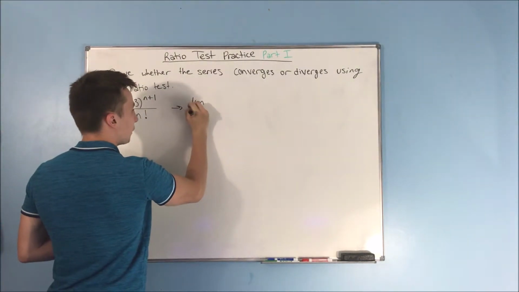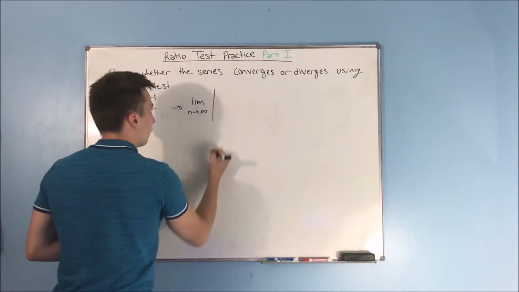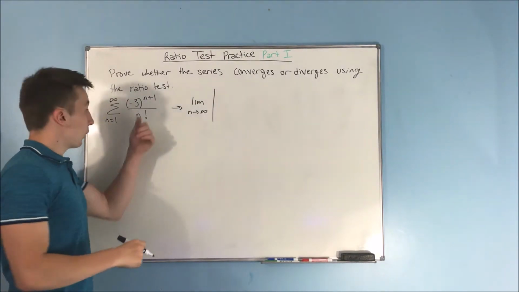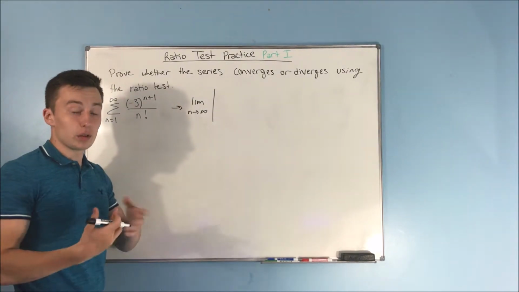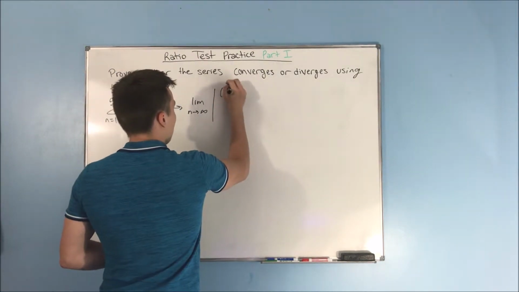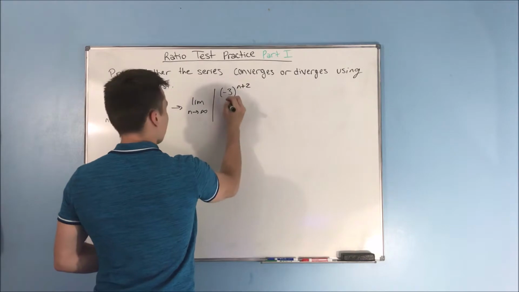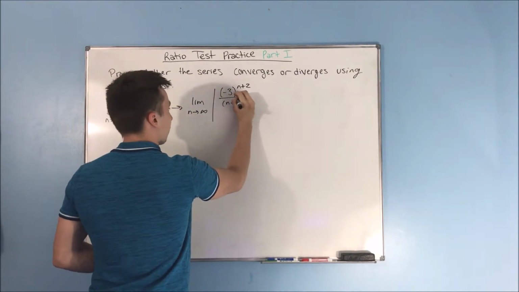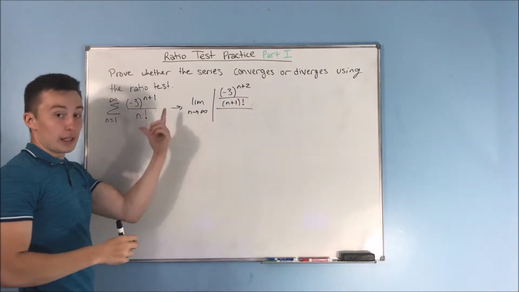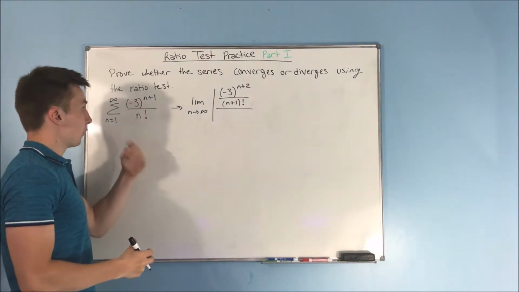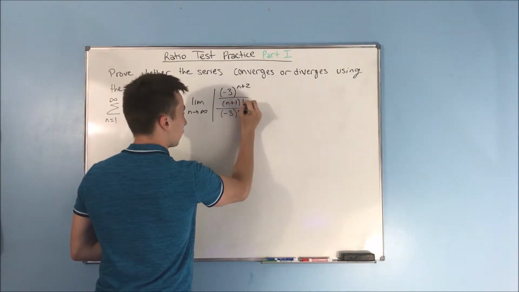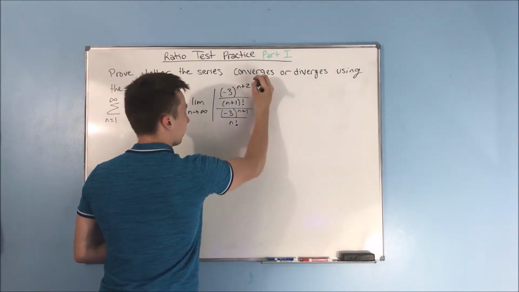We have the limit as n approaches infinity of -3 to the, substituting n plus 1 for the n, n plus 2, over n plus 1 factorial, over just your a sub n, which is -3 to the n plus 1 over n factorial.